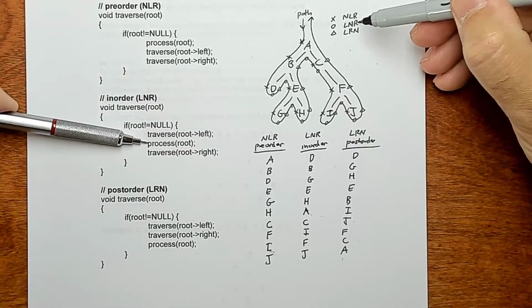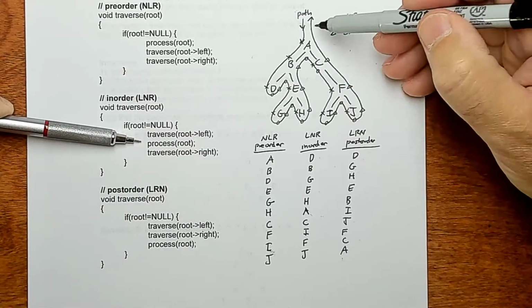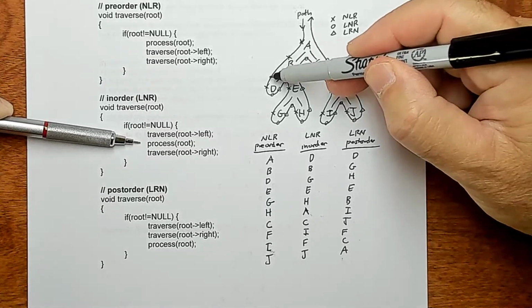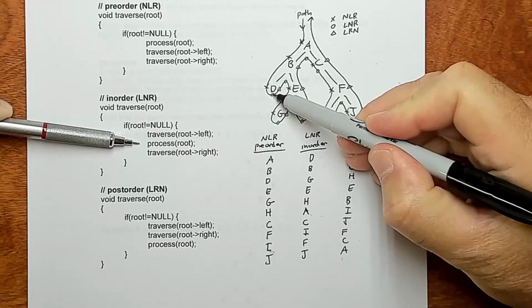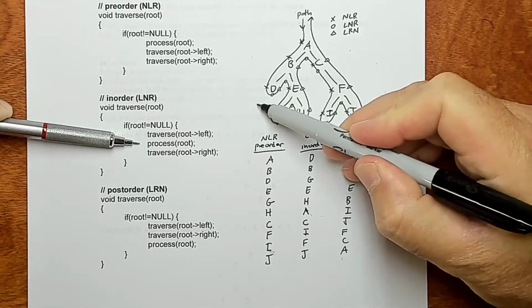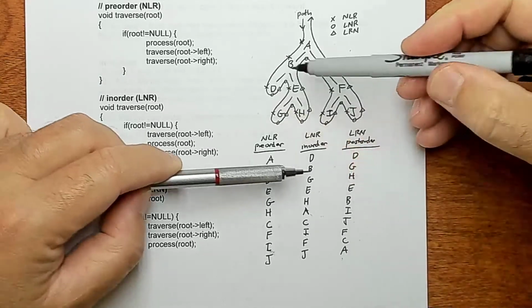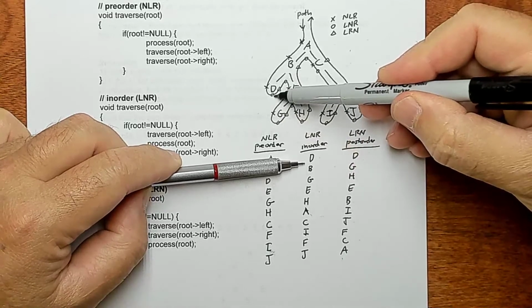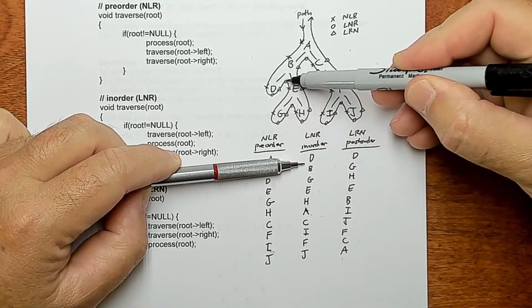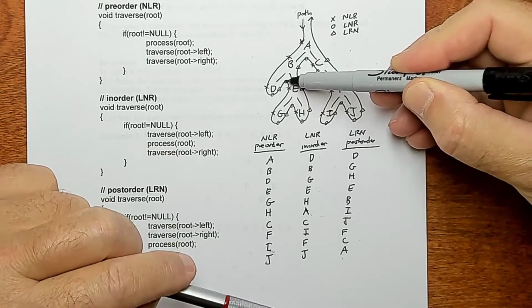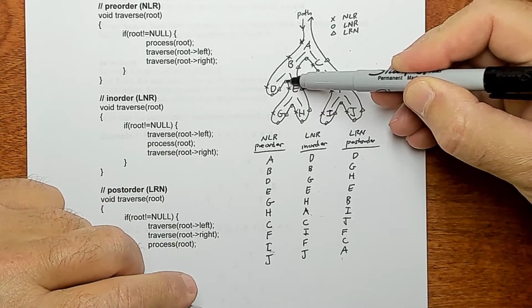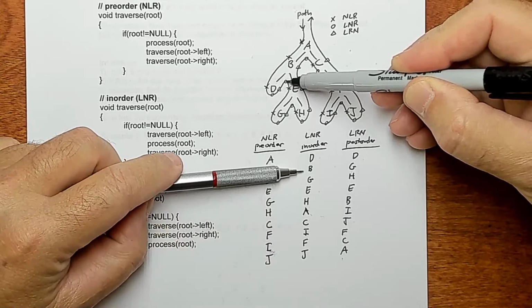If you do the processing in the middle, it means you're going to come along this path, and you won't do any processing until you come back from D's left subtree. So D will come off here with a circle. And then you'll come back from processing B's left subtree. That's when you'll process B. So the circle comes off here.